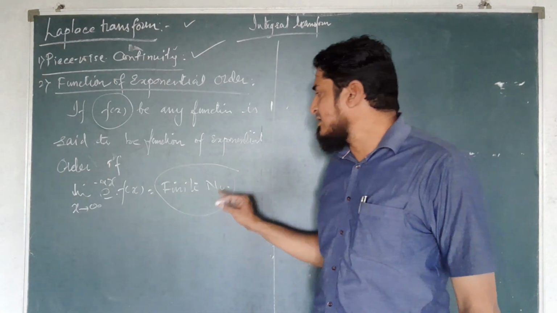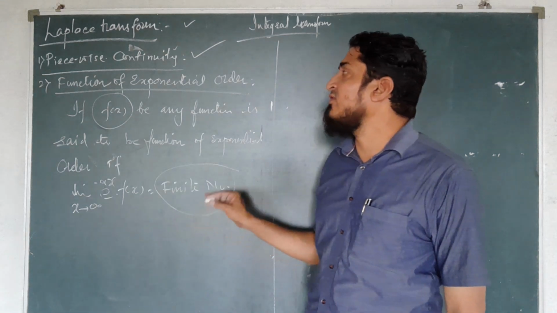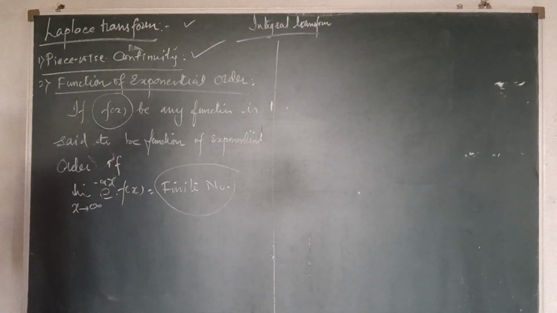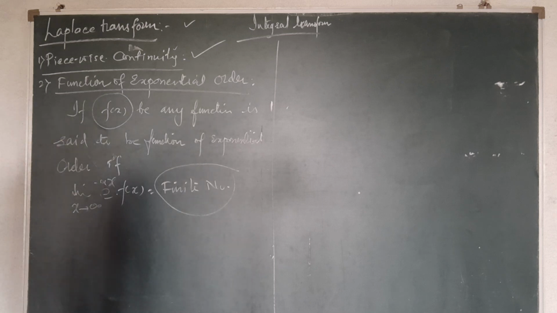Such a type of function is called a function of exponential order. Let us take some examples based on this definition, and definitely it will provide some basic idea about exponential order functions.